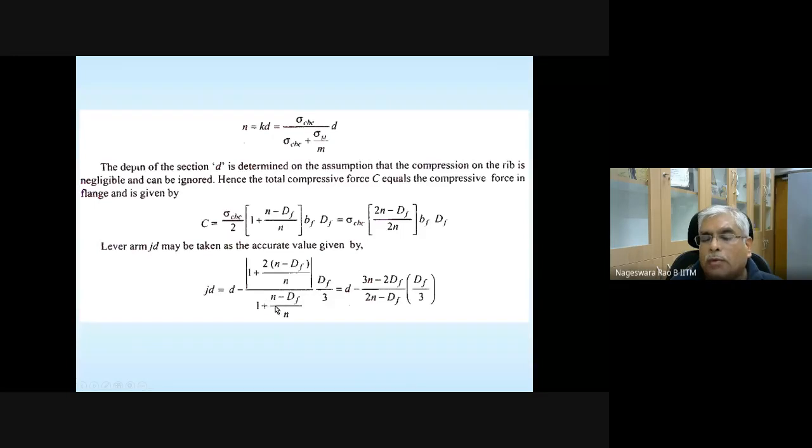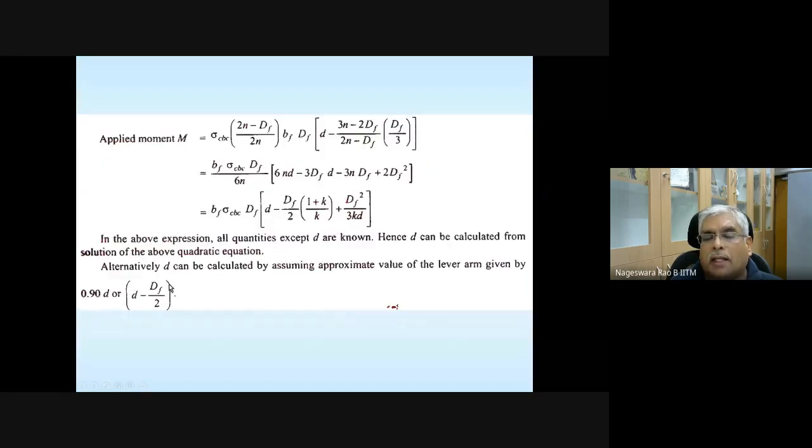If you don't want to do all this, you can take it like this. JD can be taken approximately as 0.9 times D, or D minus DF divided by 2, whichever is larger. Whichever is larger, you take that, and then you can use that as well and find a relation between moment and small d and use that one. Any questions here? So this is for a balanced section.